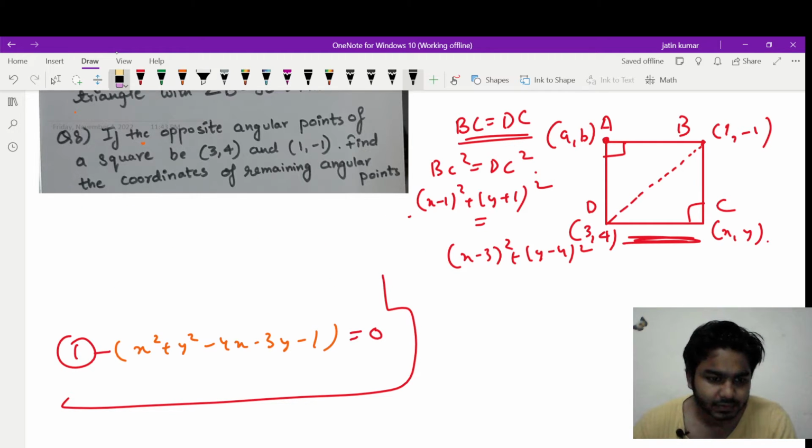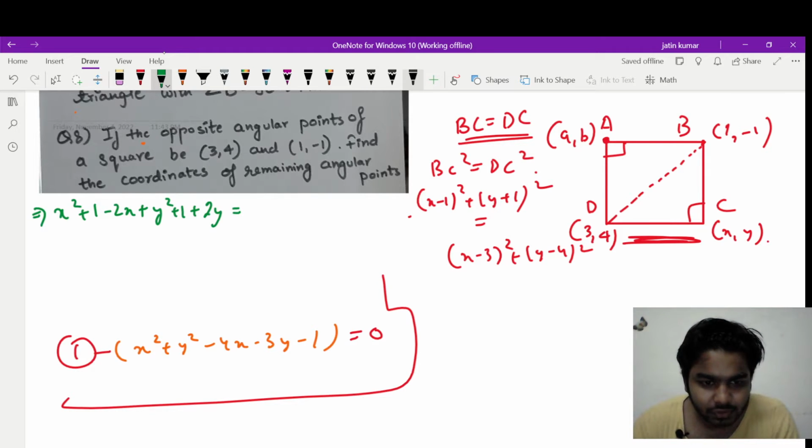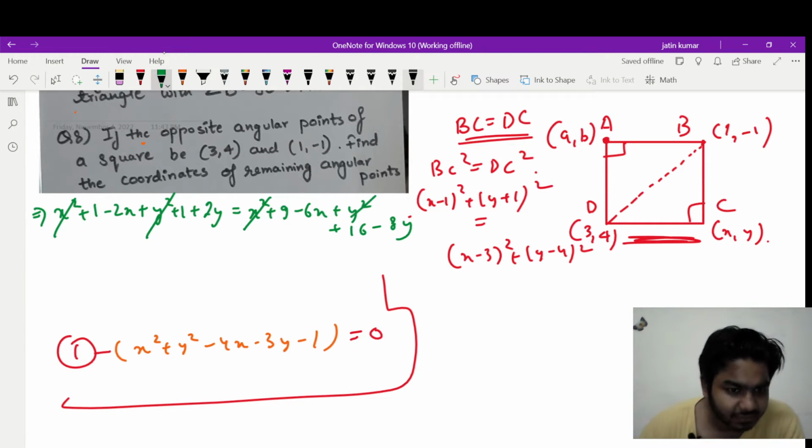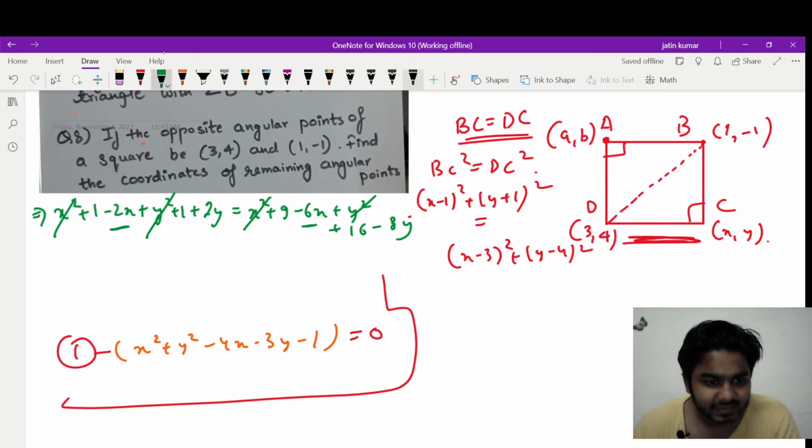Okay, so let's solve it quick. x square plus 1 minus 2x plus y square plus 1 plus 2y will be equal to x square plus 9 minus 6x plus y square plus 16 minus 8y, right? So x square and x square will get cancelled, y square and y square will get cancelled, and we are left with minus 2x minus 6x.